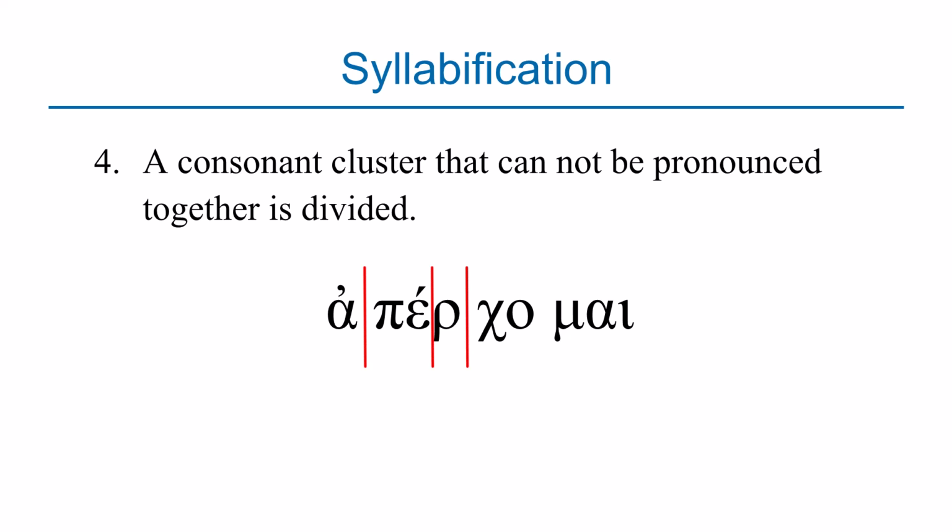And so if you divide here and here, it leaves rho standing alone. And we said that a consonant cannot stand alone. So instead of dividing after epsilon, you are to divide after rho, so that rho is attached to a vowel because a consonant cannot stand alone.